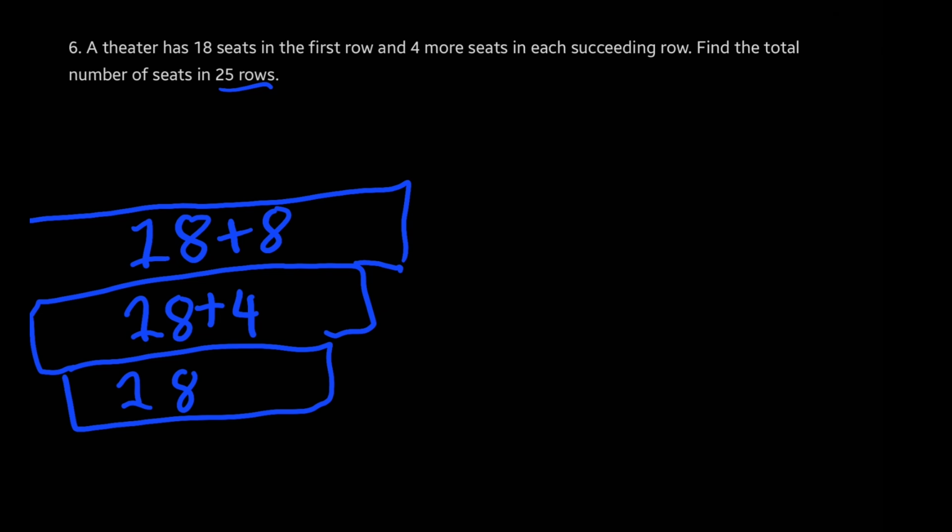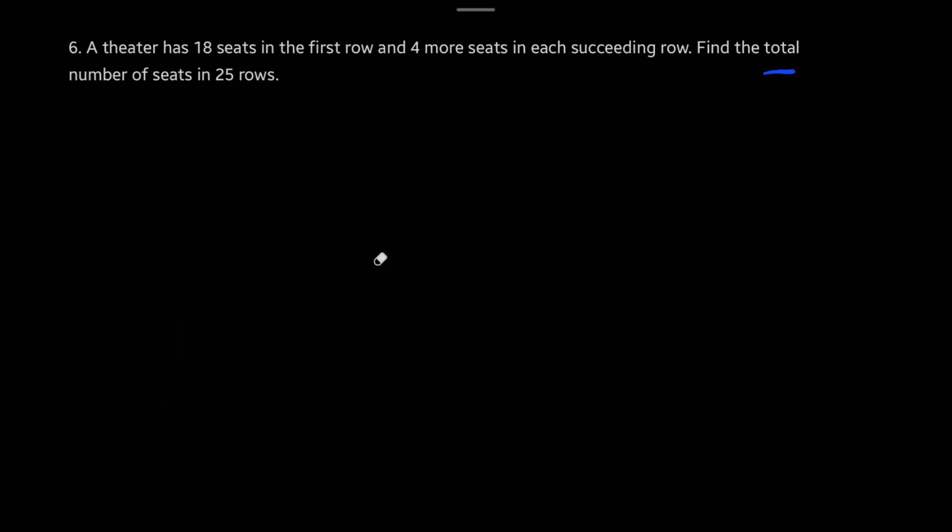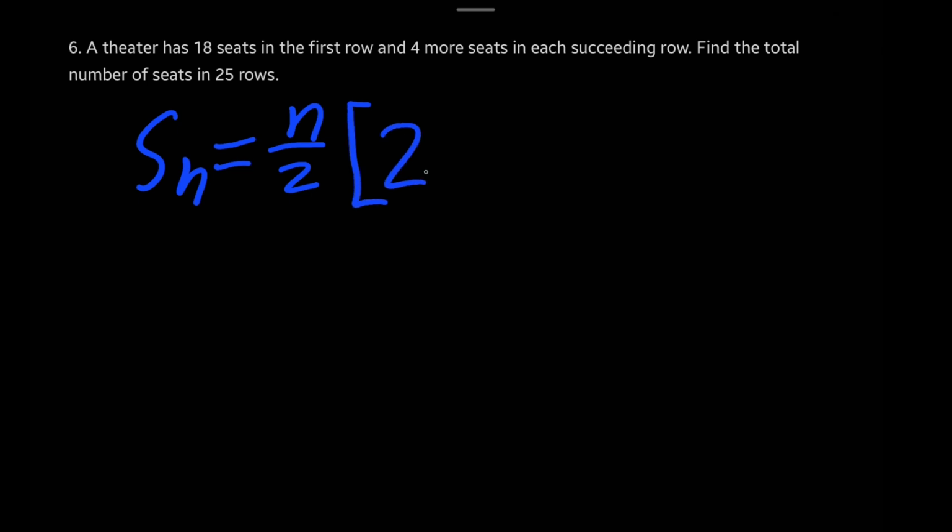Now, this asks for the total, meaning we will be using the arithmetic series again, adding them up until the 25th term. So let's start. For the last time, I'll write the formula: S sub n equals n over 2 times 2 a sub 1 plus n minus 1 times d.